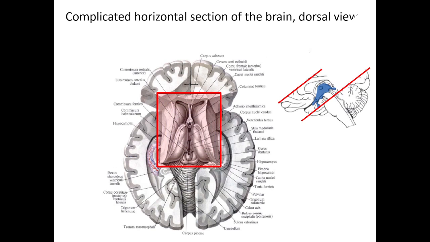Now, the red rectangle demonstrates us the diencephalon and the adjacent structures. So we need to distinguish and remember all anatomical structures in the region. Ready?